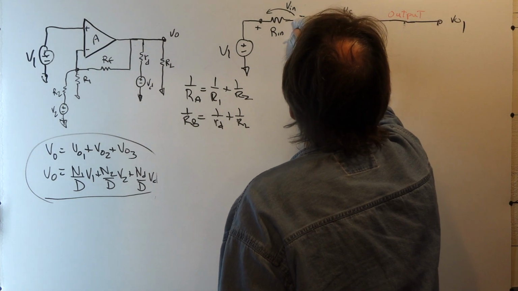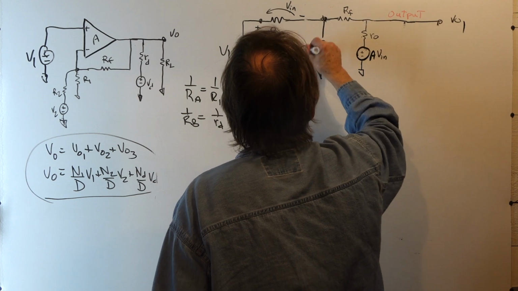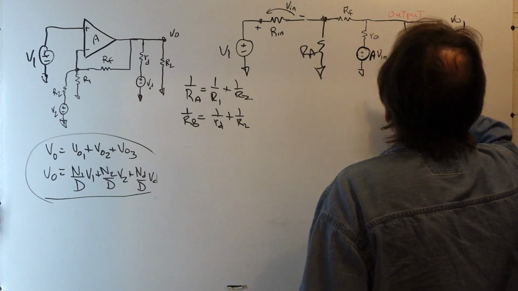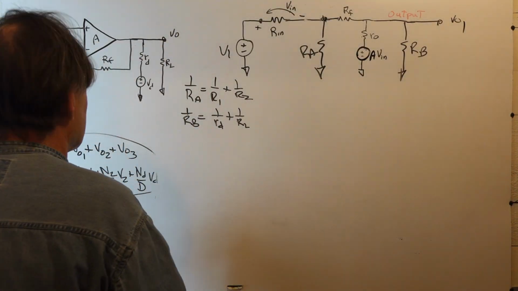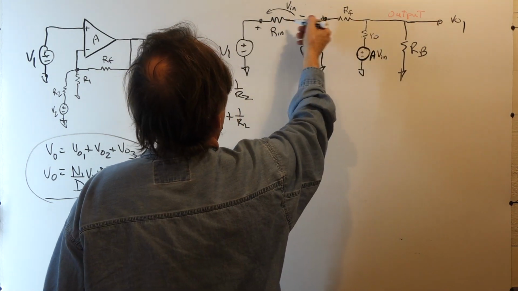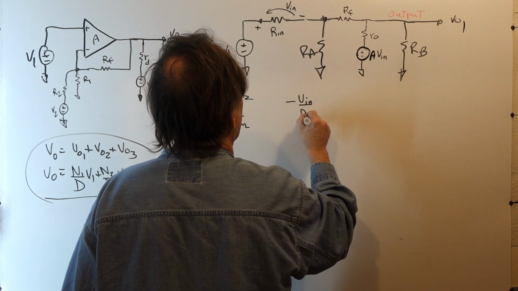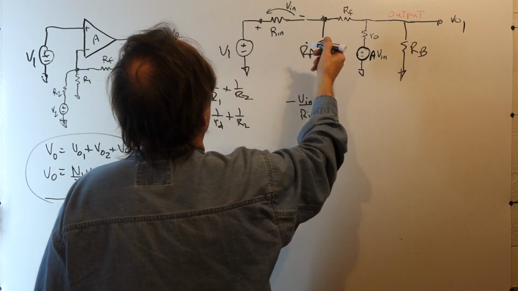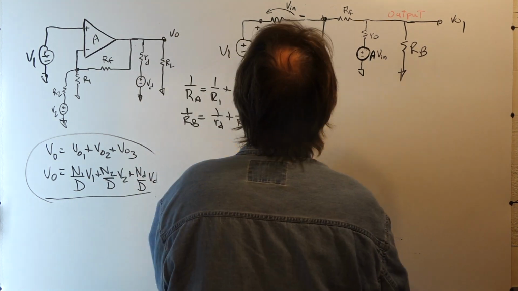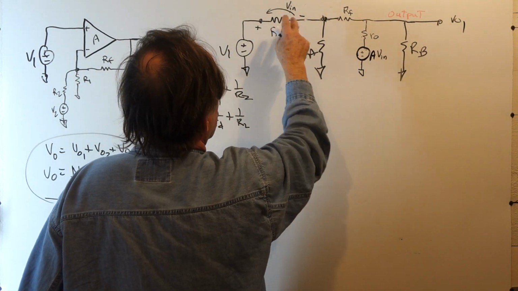I'm going to go ahead and write that right now. Those are our definitions. It'll just make the algebra a lot easier. So this is RA, and this is RB. So let's write our equations. At the input node, currents leaving is positive. So the current through Rn is minus Vn over Rn plus V1. The current going through Rn is the voltage across it divided by Rn.